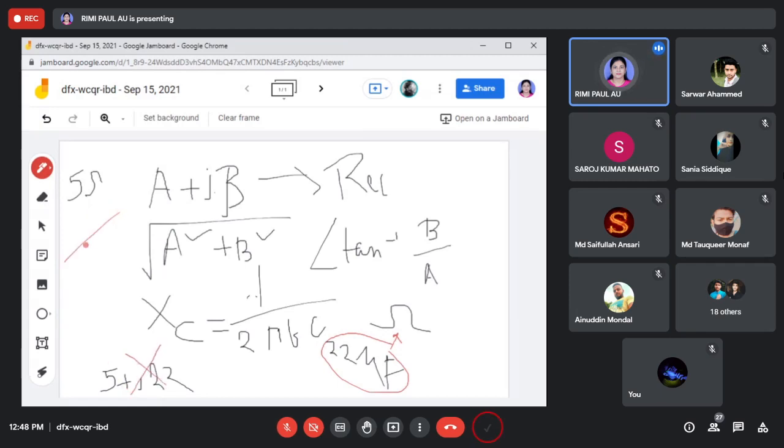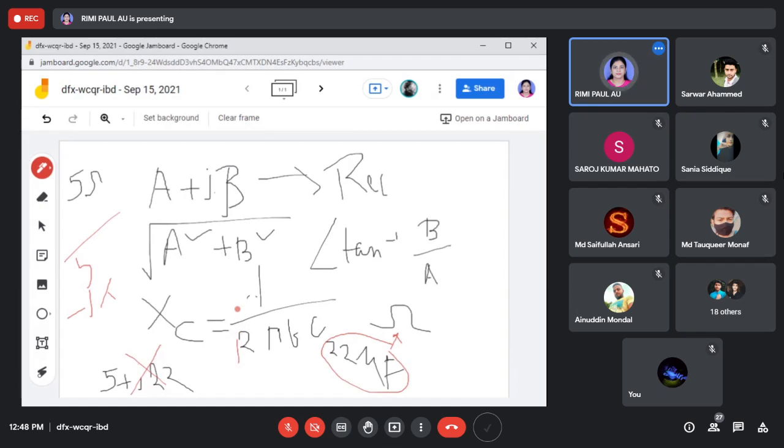Now you can write whatever Xc you get: 5 plus J, or in the case of a capacitor you will get a minus, so 5 minus J Xc, because Xc is 1 by J 2 pi Fc.